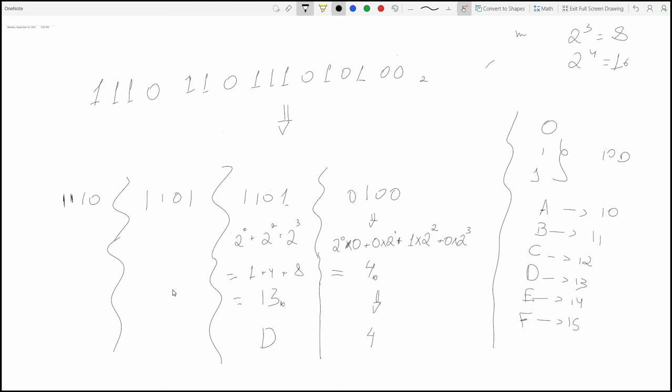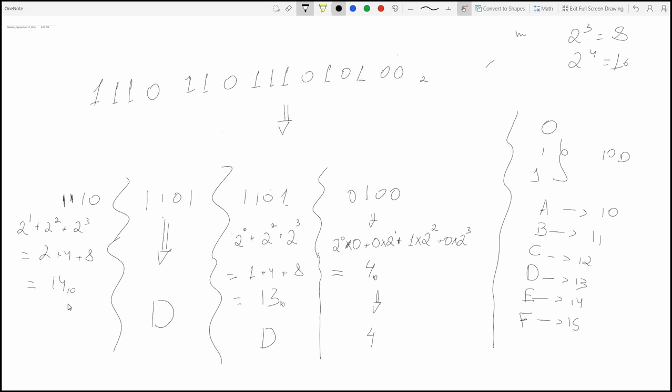This is the same series of digits, so the answer will be the same, D. And here we have 2 to the power of 1 plus 2 to the power of 2 plus 2 to the power of 3, and the answer will be 2 plus 4 plus 8 equals 14 in base 10.